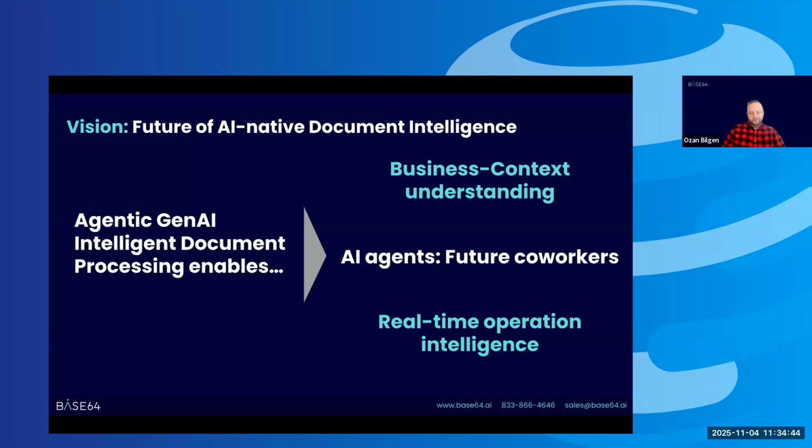First of all, it's business context understanding. So what does it mean? Reading invoice data, reading a field, is not enough to process it. Should it be paid? Was it sent by one of your vendors? Did you expect that purchase order, the amounts, and all the way to the line items?